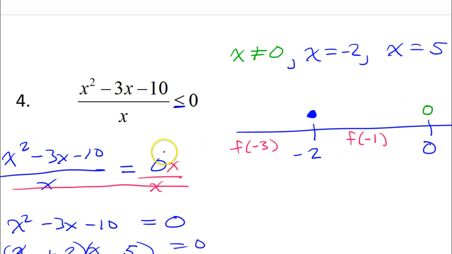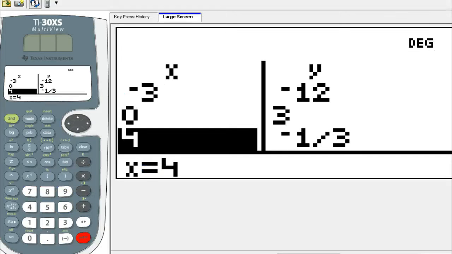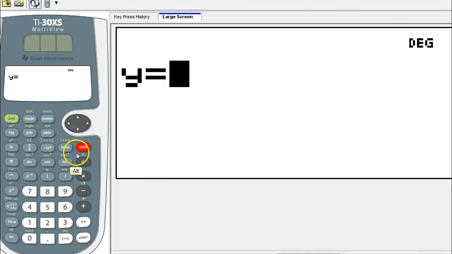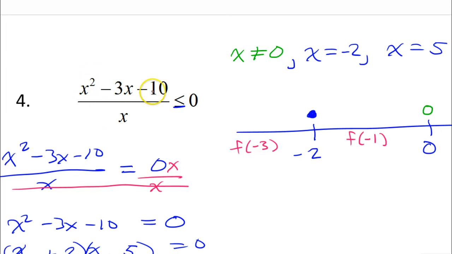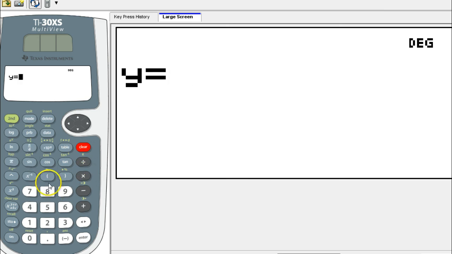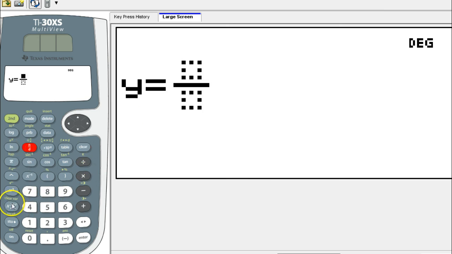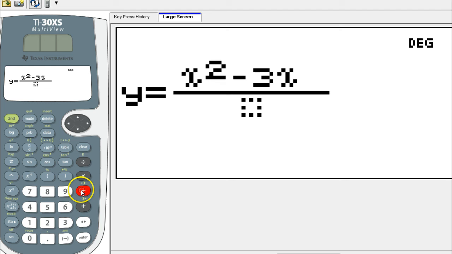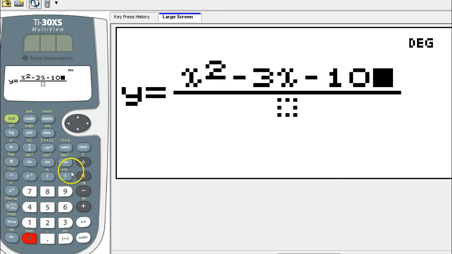Okay, so to test these out, I'm going to put this in my calculator. Let's see, x squared minus 3x minus 10 over x.